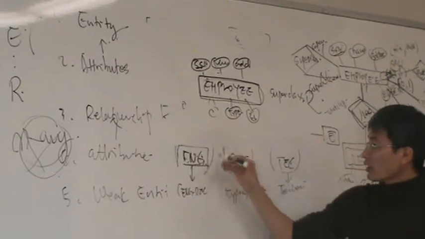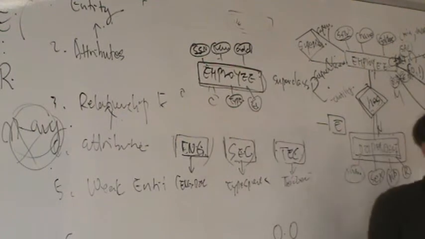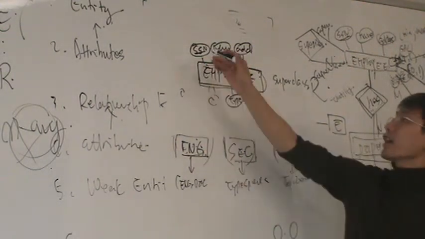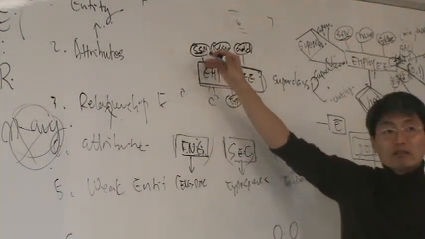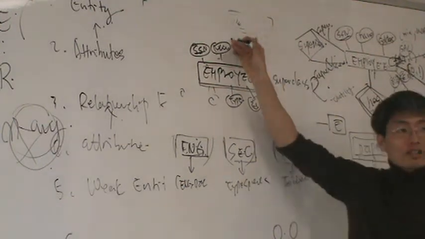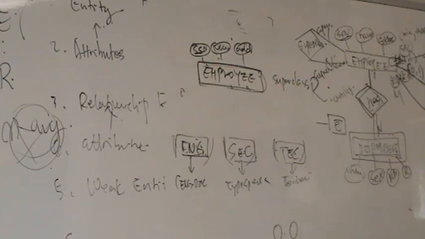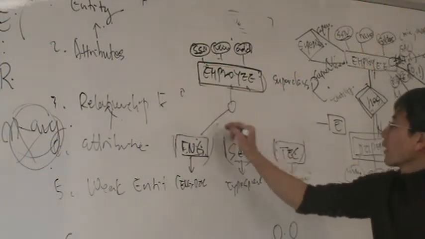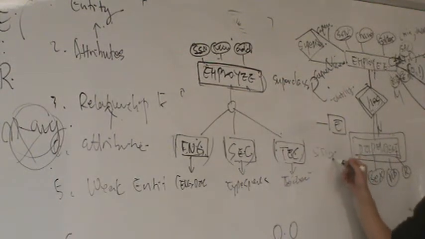Then engineer, secretary, and technician, anyway, they are employees, right? Which means engineer has social security number, name, and address. Secretary has the same thing. Technician has the same thing. So instead of creating a new entity, instead of creating a bunch of attributes, we can connect them as subclasses.